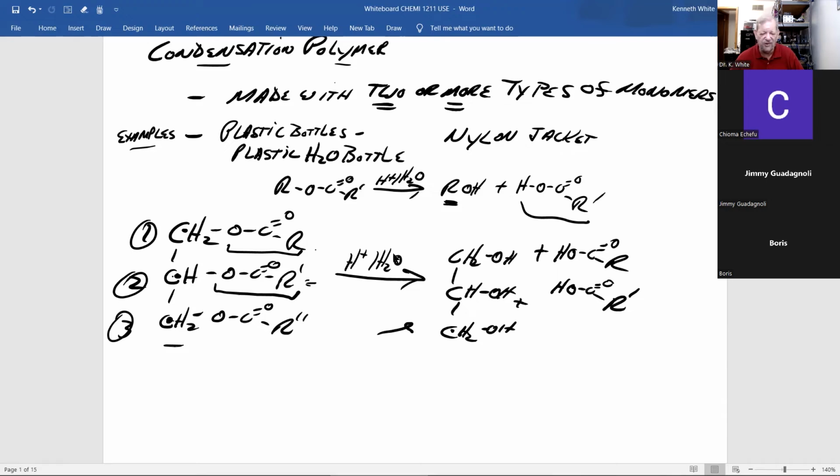This molecule right here, we talked about it in alcohols briefly, is called glycerin. If I can spell it.